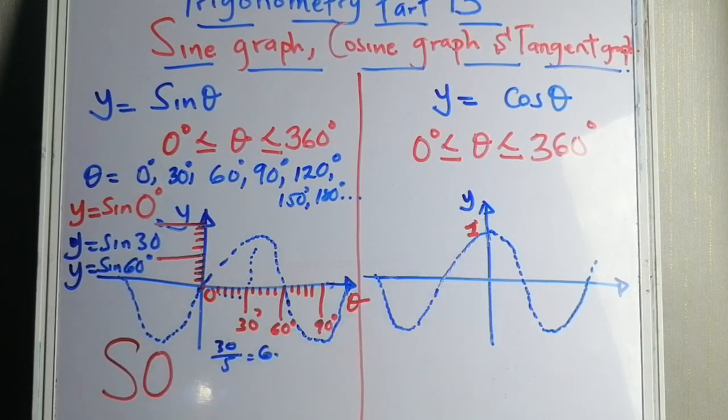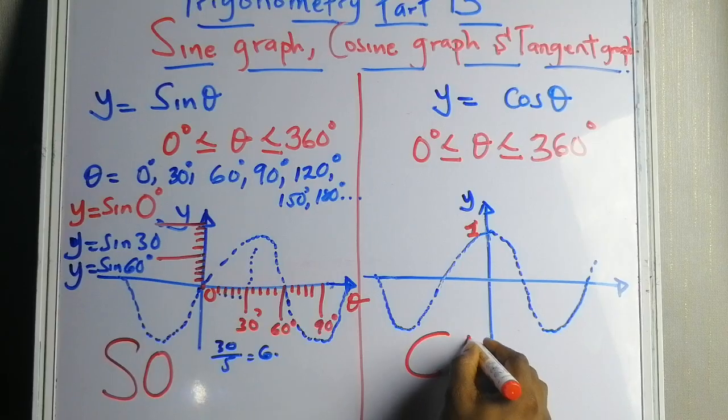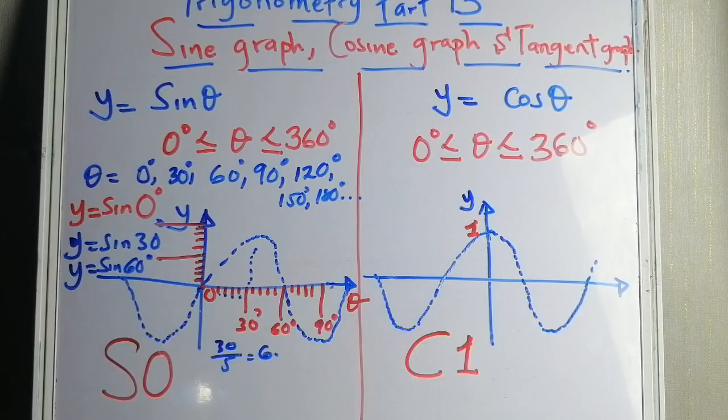It passes through 1. That is the maximum for every cos theta. Just ordinary cos theta, not 2 cos theta, not 3 cos theta, not cos 2 theta. So this one is cos, that is 1. So sine passes through the origin, cos theta passes through 1. Okay.